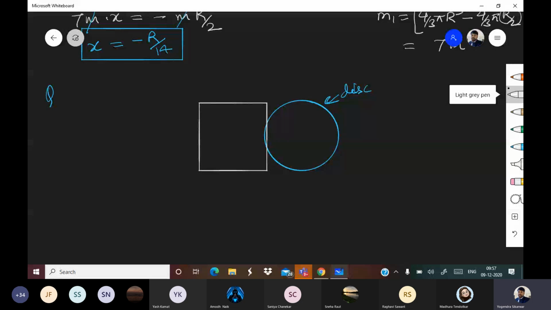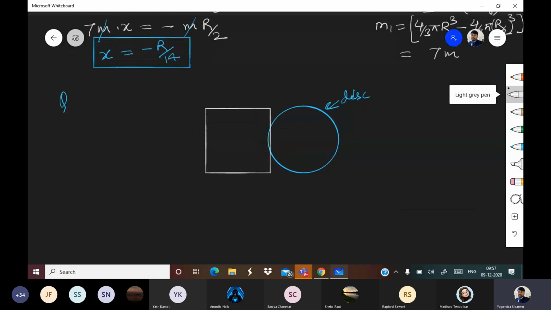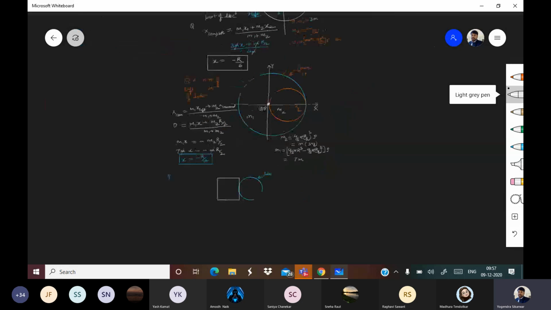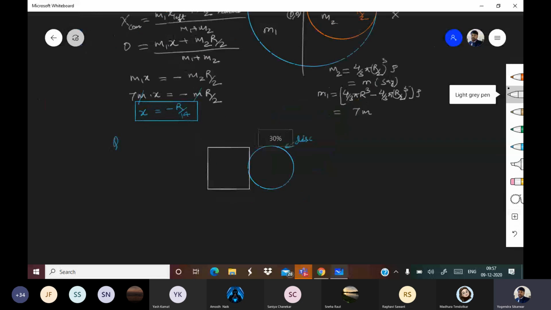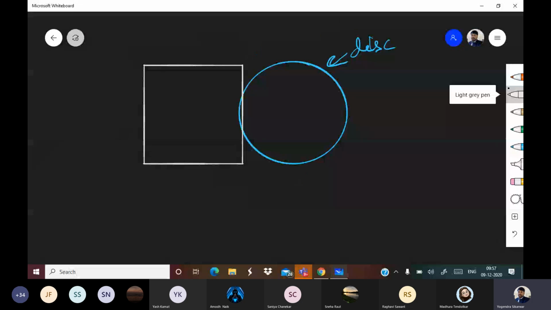Now, the diameter of the circle and the side of the square are exactly equal. The diameter of the circle and side of the square are completely equal.